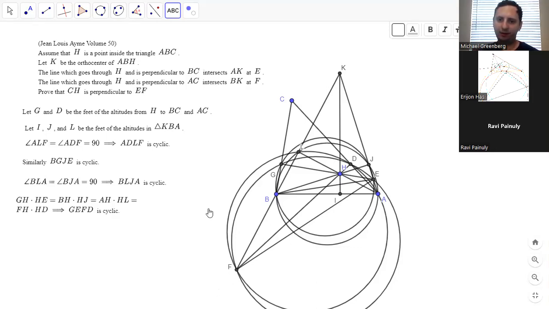You just say, yeah, I'm trying to think. HC passes through the circumcenter of GHD. So it's an altitude. Okay. That's a good way to put it. Okay, so I like it.